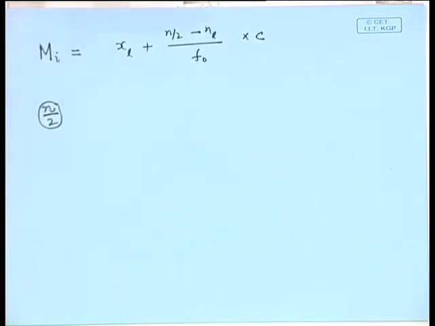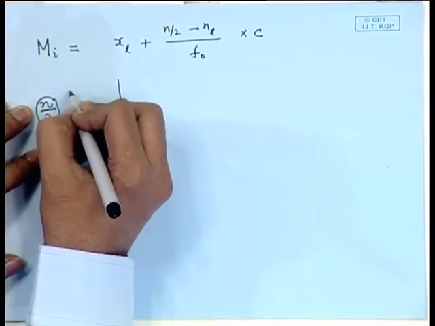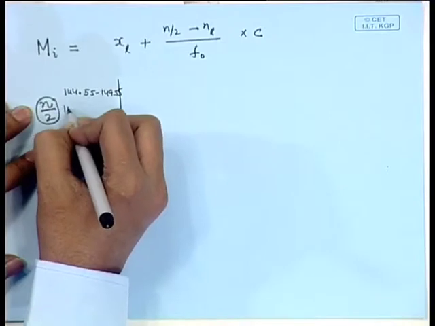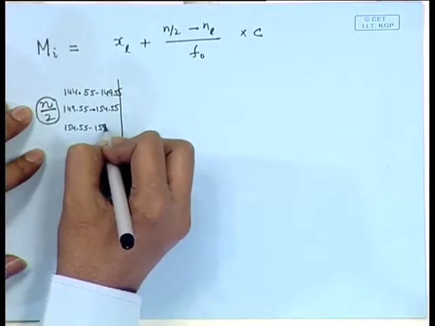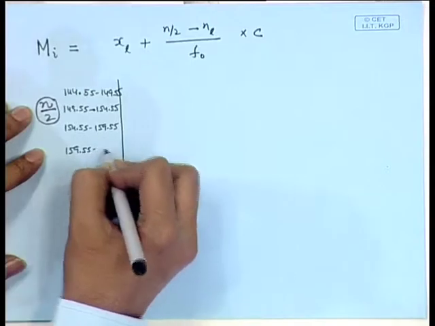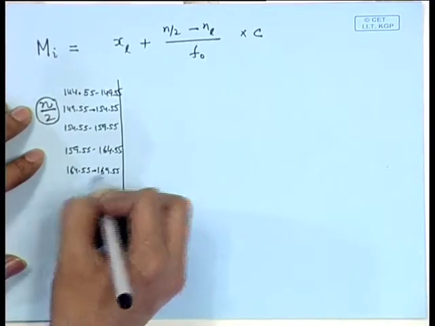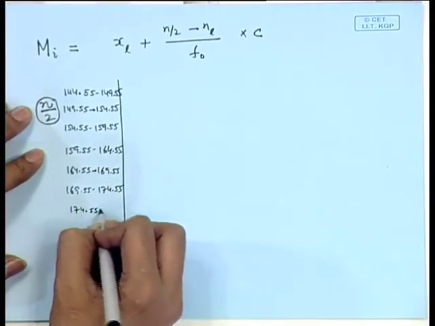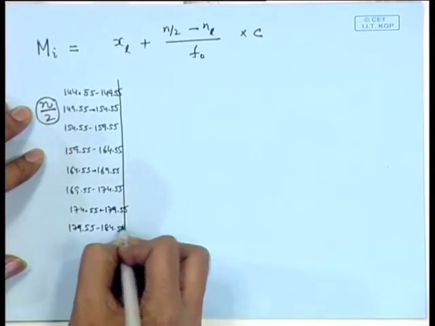So, we look at one example here. The frequency distribution is given in this form: 144.55 to 149.55, 149.55 to 154.55, 154.55 to 159.55, 159.55 to 164.55, 164.55 to 169.55, 169.55 to 174.55, 174.55 to 179.55, 179.55 to 184.55.